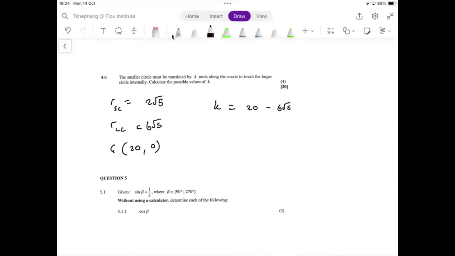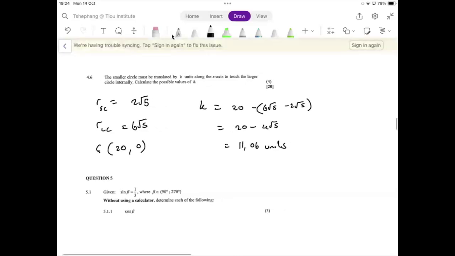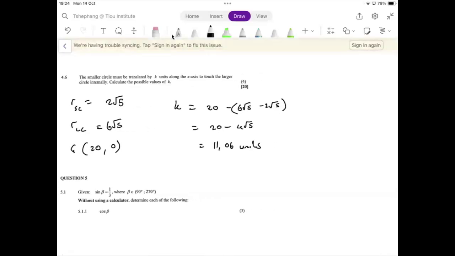Minus 6√5 minus 2√5, but in brackets. Right. Now from there, it's just calculator work because we're going to have 20 minus 4√5. And that will give you 11,06 units. Right. Now, that's one of them.